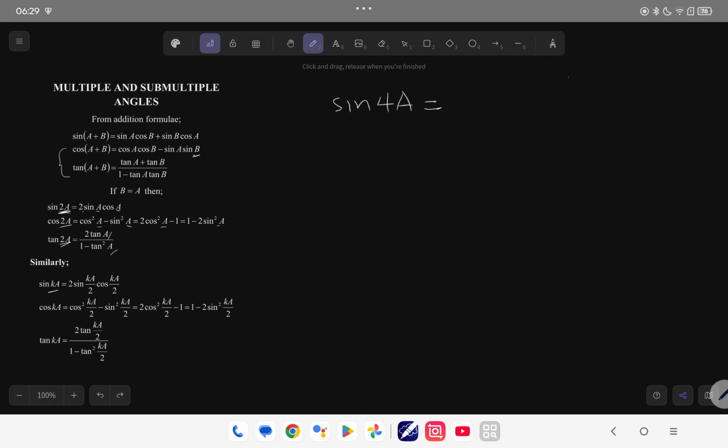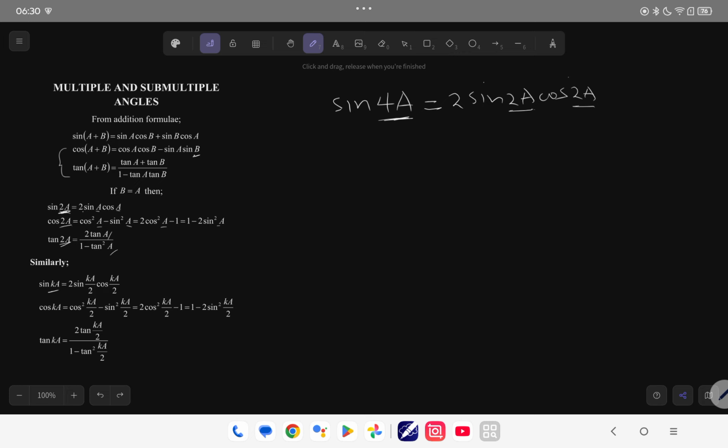So this becomes KA over 2. So it becomes 4A over 2, which is 2A. So it becomes 2 sin 2A cos 2A. As you can see, the one on the left has been halved to give what we have on the right.